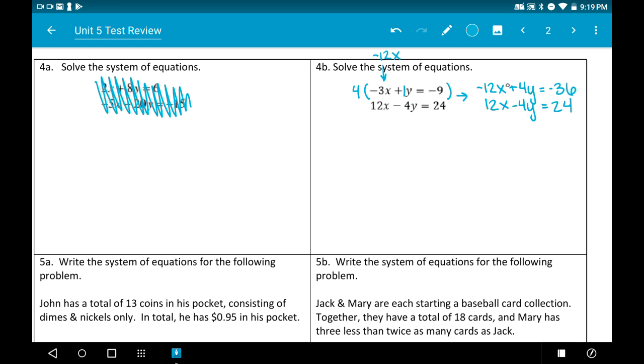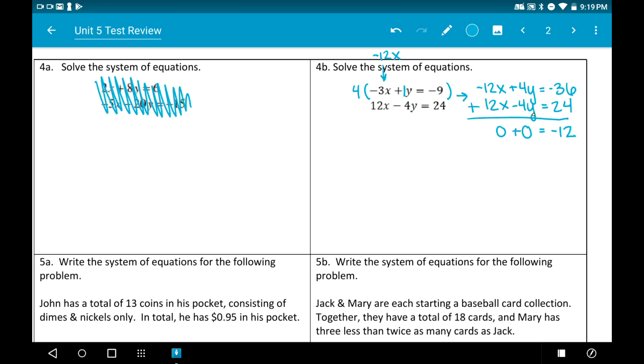Okay, so now notice we have what we wanted. These two are going to cancel out. So now that these cancel out, we add them together. Negative 12x plus 12x is 0. 4y plus negative 4y is 0. And negative 36 plus 24 will be negative 12.